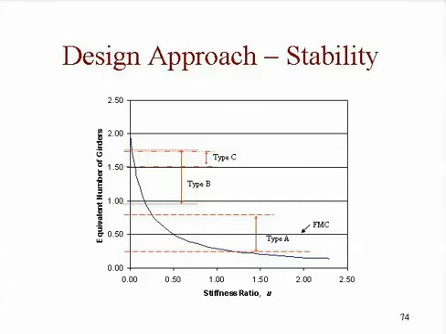So if we plot this and look at how the equivalent number of girders relates to the stiffness ratio that we talked about before, you see for the double angle web connection you have a range here. For the type B, top and bottom, the range is from here up to here. And for the type C, the range is that little piece right there.